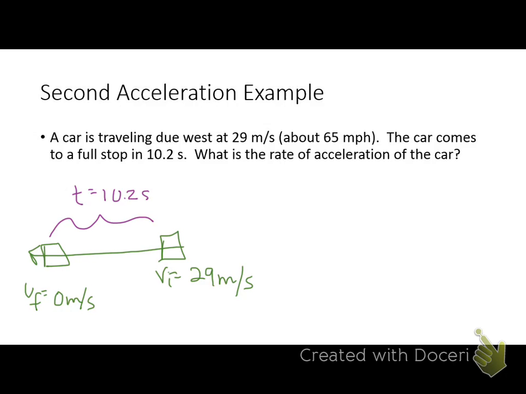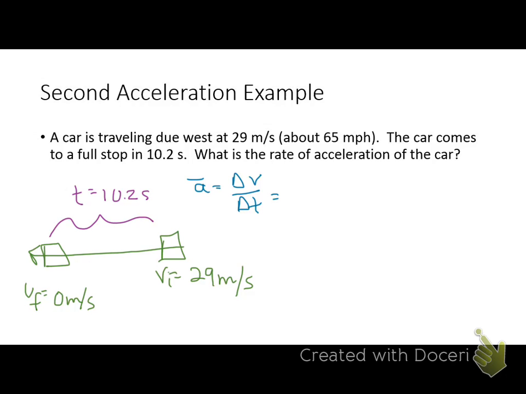So using the equation we had on the previous slide, average acceleration is equal to delta v divided by delta t. Delta v is final velocity minus initial velocity.